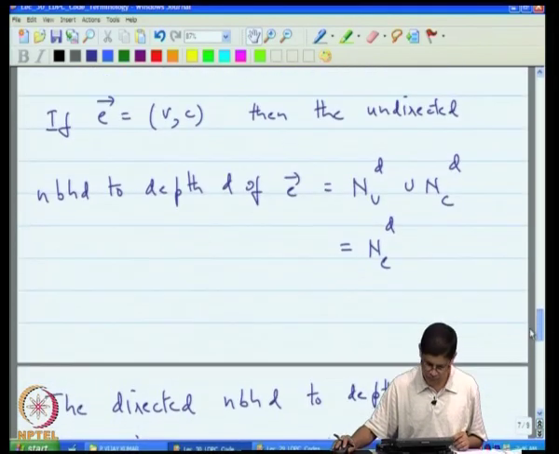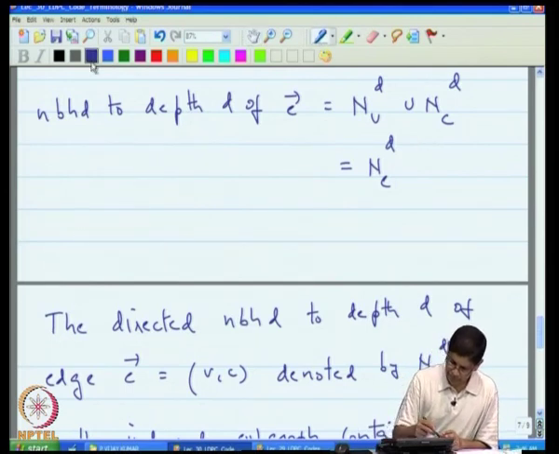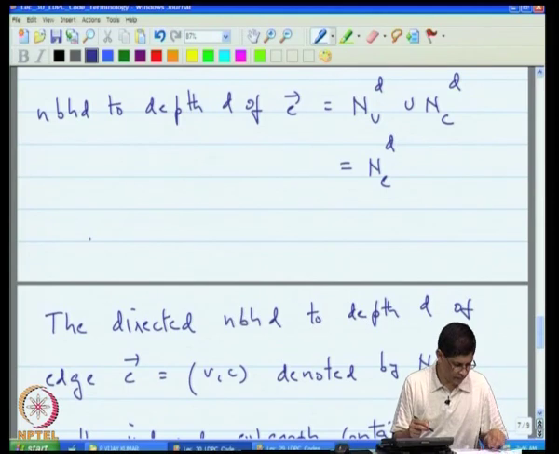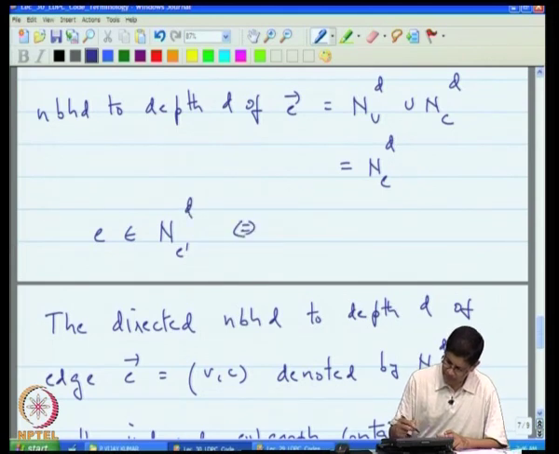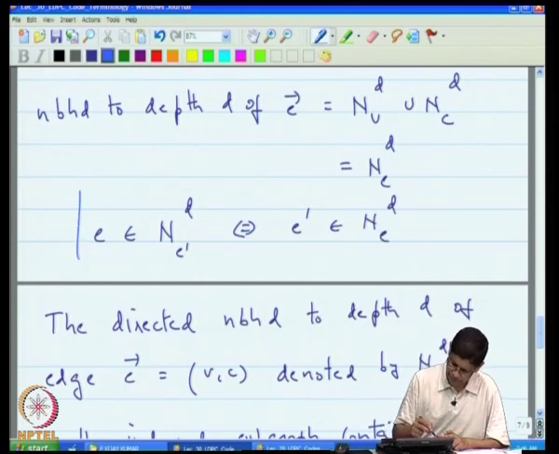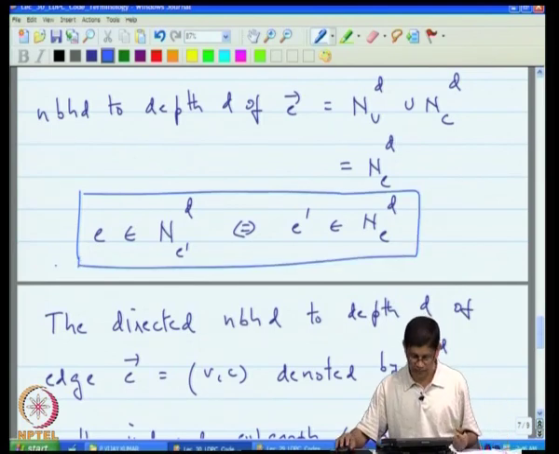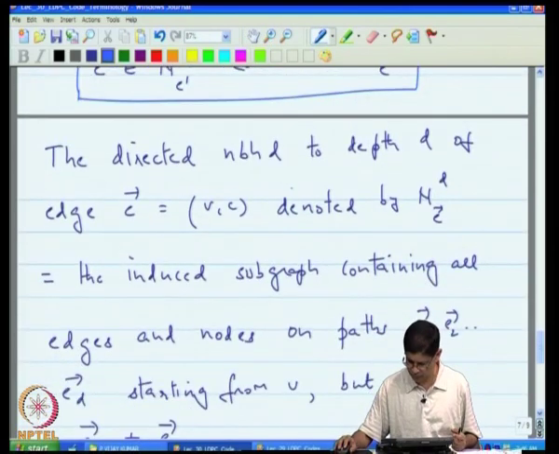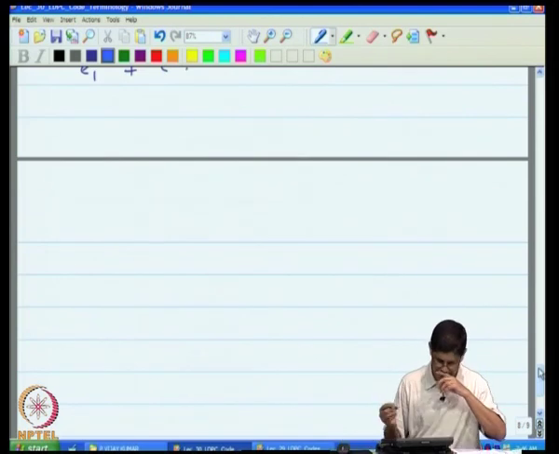Another small note here, you can prove this yourself. If e belongs to N_e'^d, then it must also be true that e' belongs to N_e^d. So, there is a reciprocal relationship, but at least intuitively it is obvious. It takes just a little bit of work to show it, but we will not get into those details.